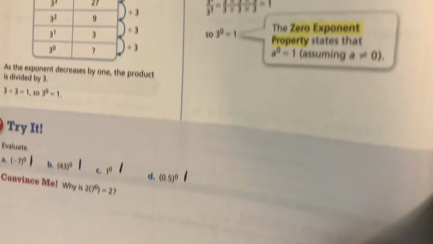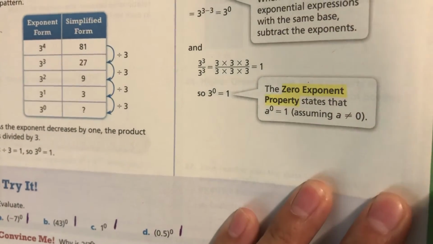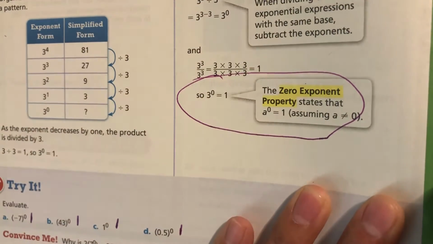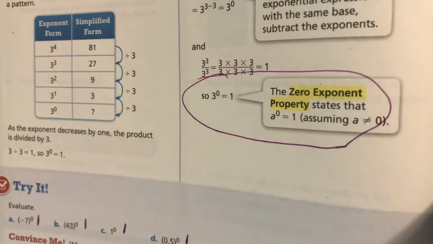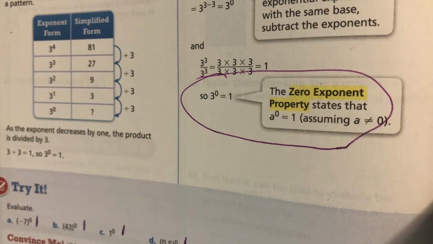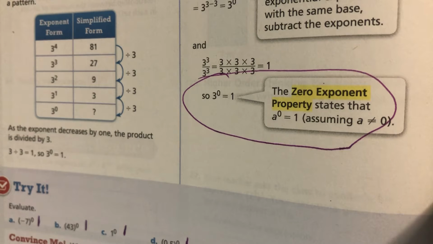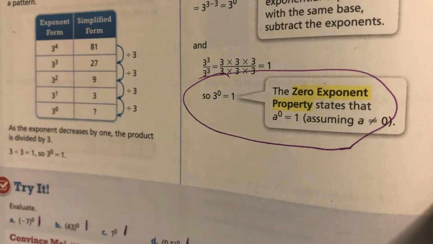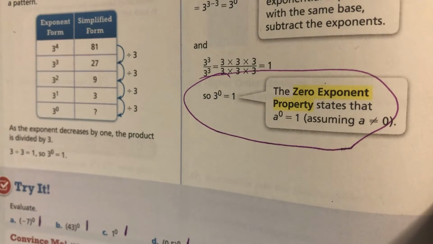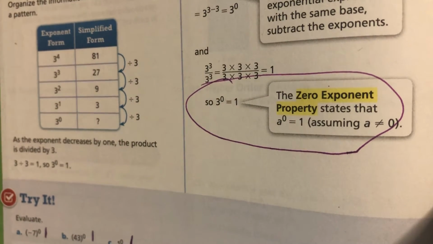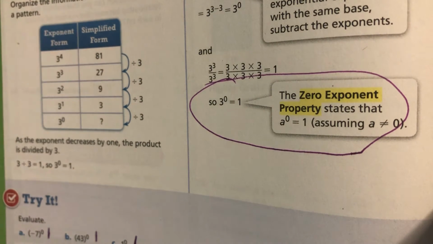And it comes from what we now know as the 0 exponent property. So, in your math notebook, I would ask that you write down the 0 exponent property. This is 1-7.